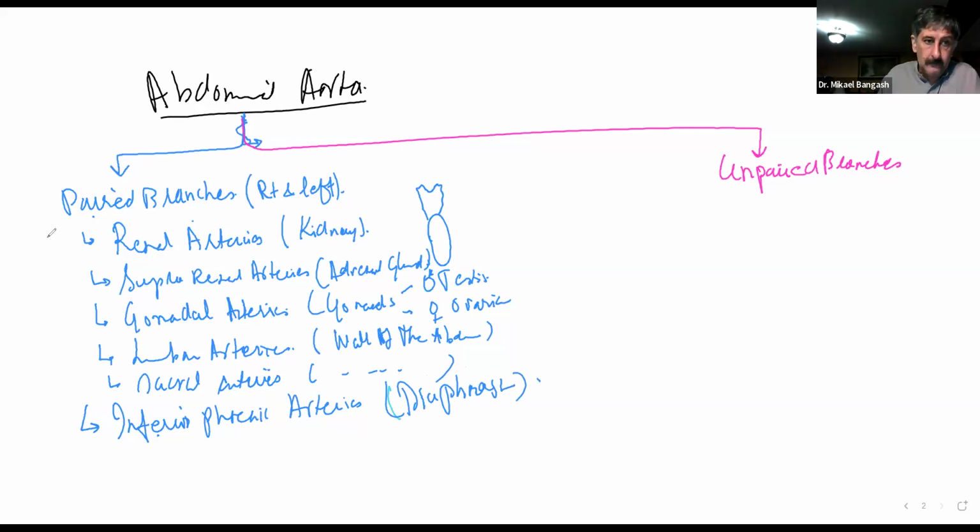Now, guys, your unpaired arteries. Here there are mainly going to be 3 unpaired arteries. Now, the first one is what we call the celiac trunk.